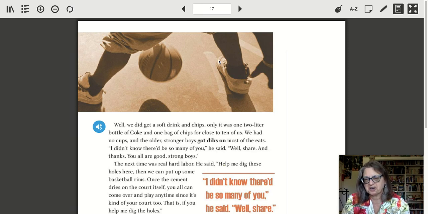"Well, share, and thanks. You are all good, strong boys." The next time was real hard labor. He said, "Help me dig these holes here. Then we can put up some basketball rims. Once the cement dries on the court itself, you all can come over and play anytime, since it's kind of your court too. That is, if you help me dig the holes."